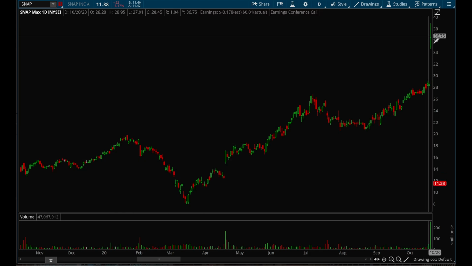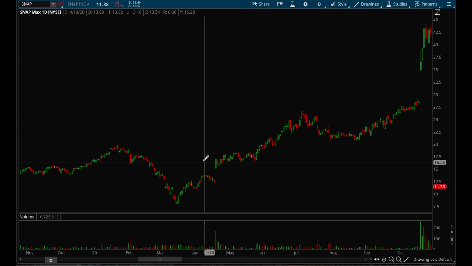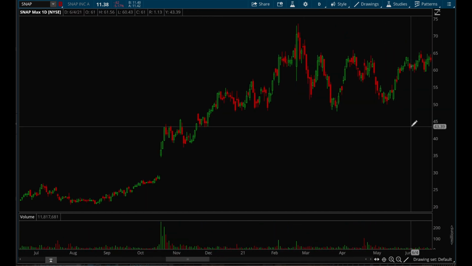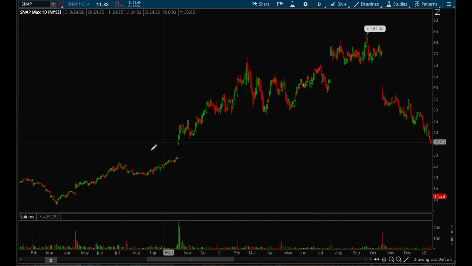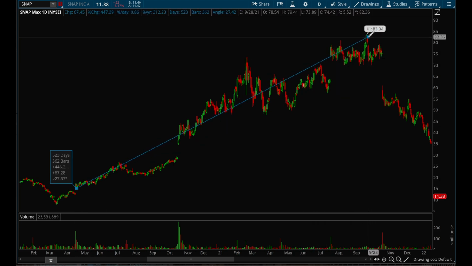This is a sign that institutions are basically loading up into the stock. So you get one earnings gap up, two earnings gap ups, and then you get more follow through, and this one ends up topping out all the way at $83. If you look at the start point, from 15 to 83, that's a 450% move.